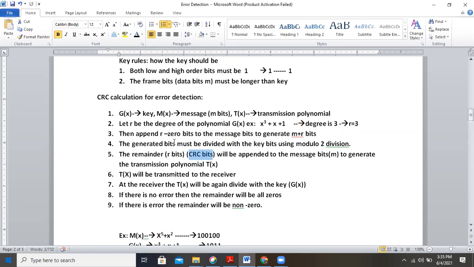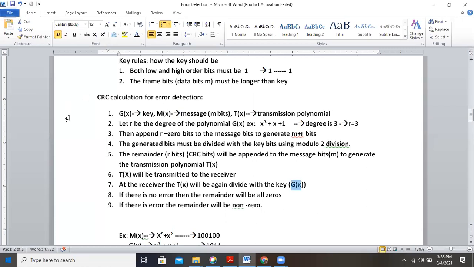So these bits we are going to add to the message bits, and that generates T of X, the transmission polynomial bits. And this transmission polynomial will be transmitted to the receiver. At the receiver, whatever the received T of X is, that will be again divided with the key.